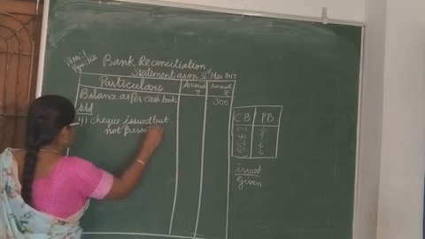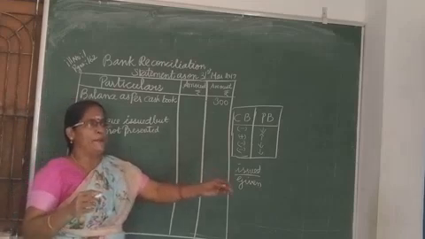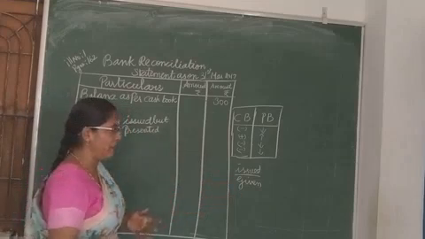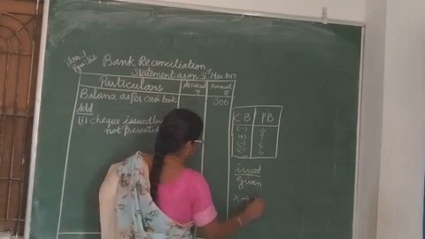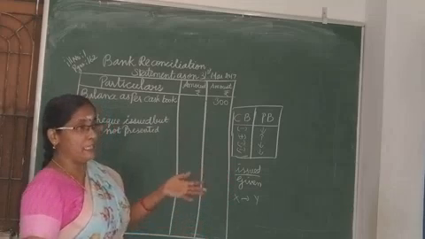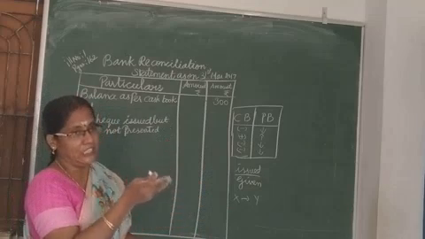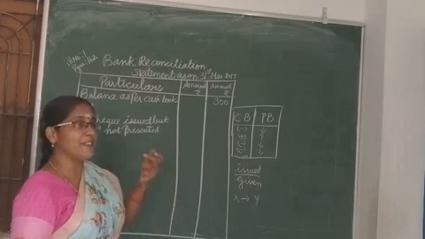Listen to the word, each and every word is important in this lesson. Presented for payment means, for example, X gave a check to Y. Y did not go and give the check to the bank for collection. That is the meaning of present.